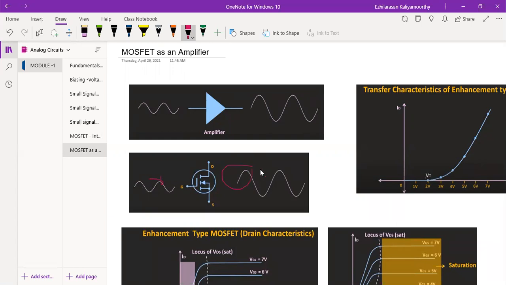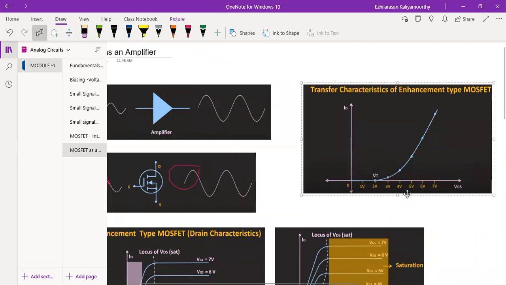But you can see here the transfer characteristics of the MOSFET will be this. The transfer characteristics will be VGS versus ID. Here, this is the VT, that is the threshold voltage. Until VGS crosses the threshold voltage, there is no current, the ID is 0.